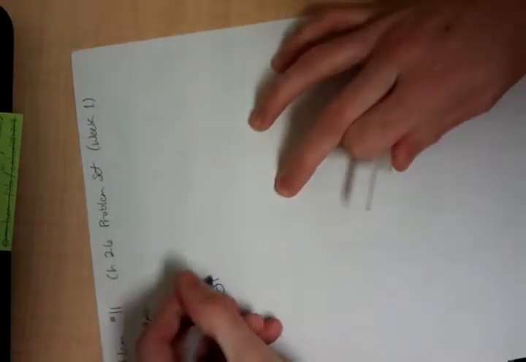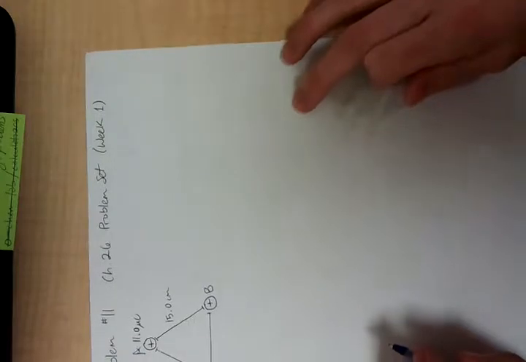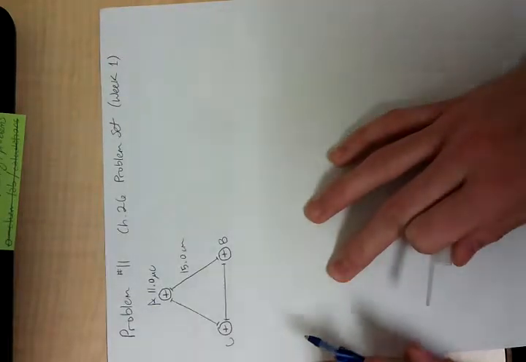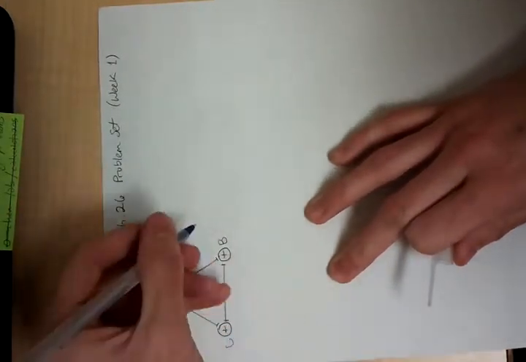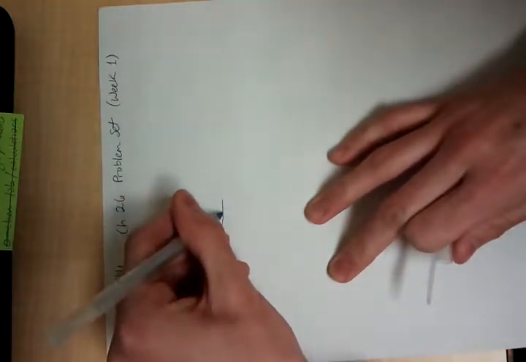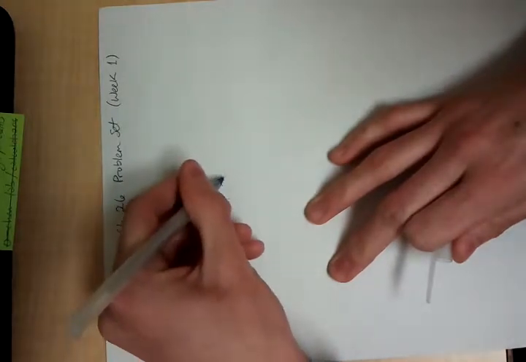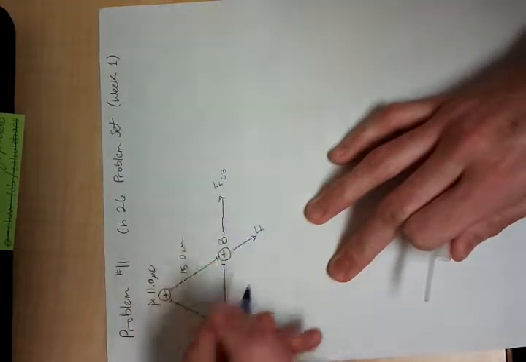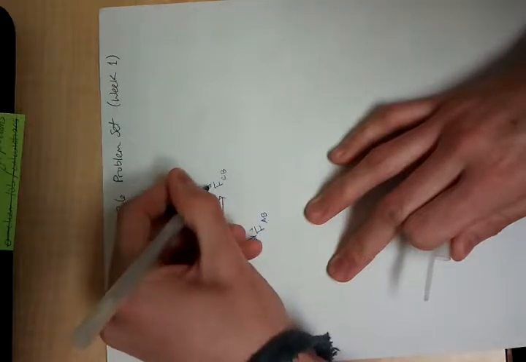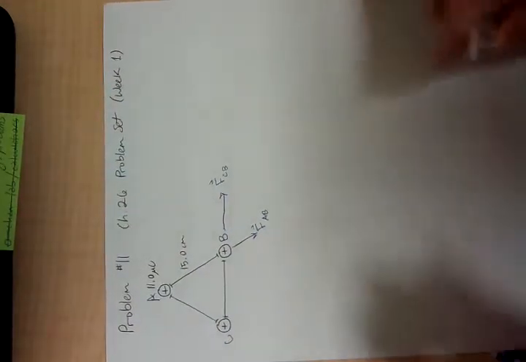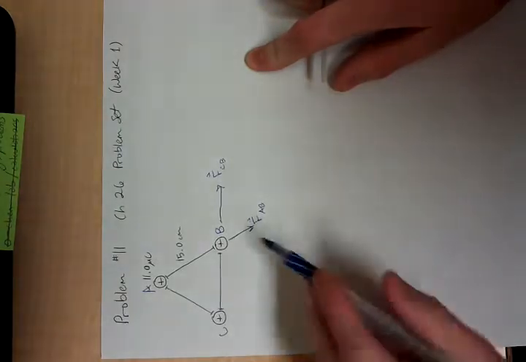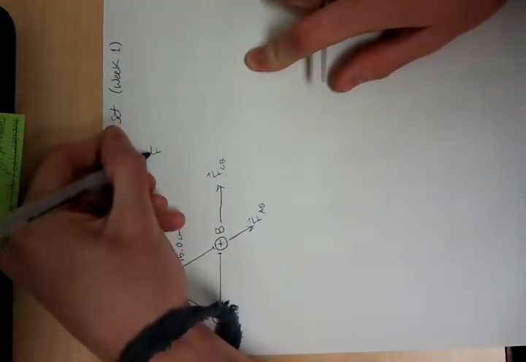We can go ahead and call the top corner A, call this one B, and call this charge C. Now we can talk about the forces that are acting on charge B. The first force is the force of charge C on B, and the second force on charge B is the force of charge A on B. These two forces acting on B should have the same force magnitude that we can calculate using Coulomb's law.